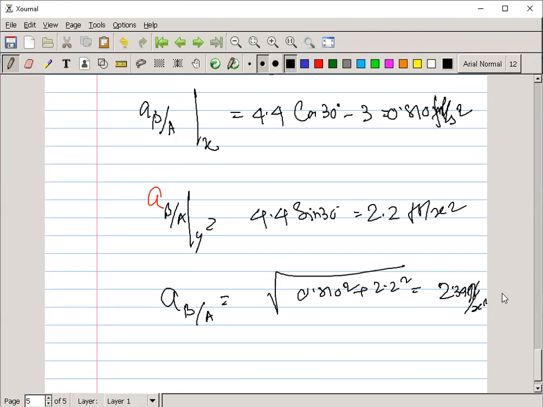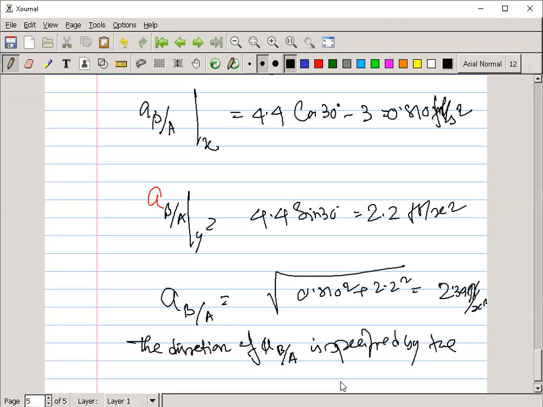Okay, so the direction of b by a, in which direction this acceleration acts, is specified by this angle.